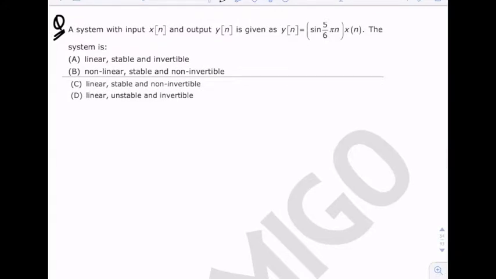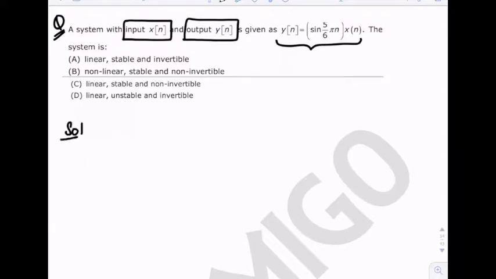Okay, so first of all it is given that x[n] is the input to the system, y[n] is the output of the system, and this is the relationship given between output and input. And we have to find whether the system is linear or non-linear, stable or unstable, invertible or non-invertible.